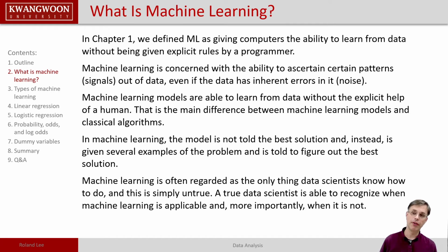Machine learning models are indeed able to learn from data without the explicit help of a human. That is the main difference between machine learning models and classical algorithms.